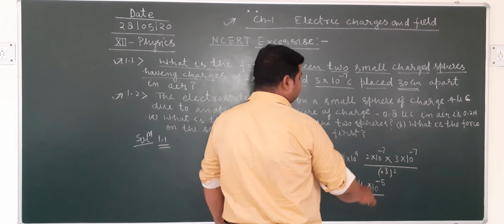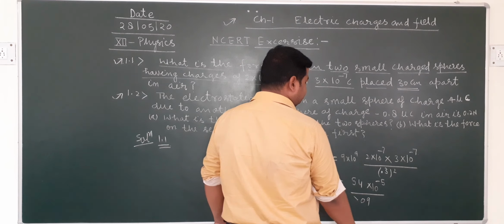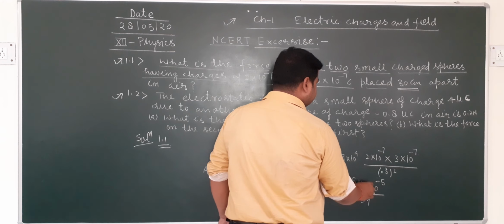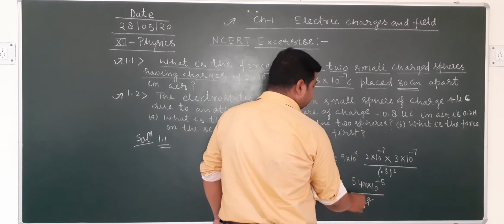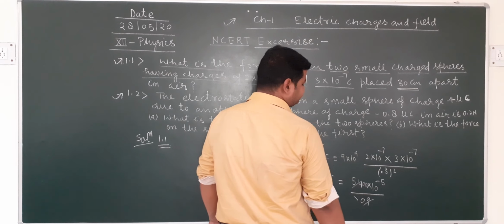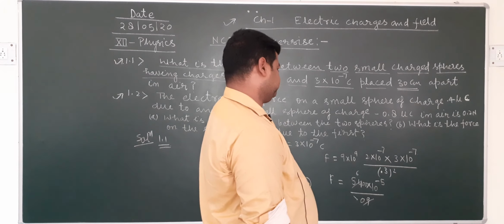Squaring 0.3, we get 0.09. If the decimal point is removed, then the 0 and 9 cancel, and 54 divided by 9 is equal to 6.